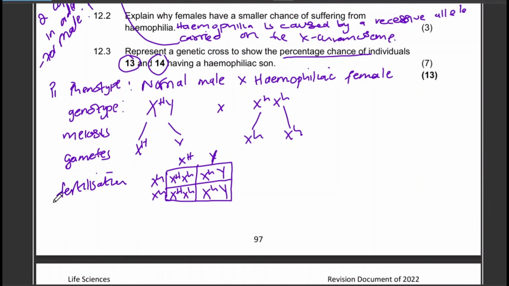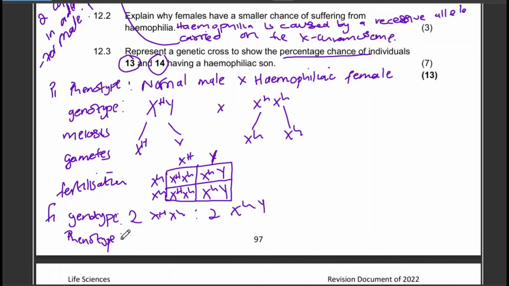Then we get our F1 genotype: 2 of X capital letter H, X small letter h, and 2 of X small letter h, Y. We're not done anyways. Let's do our phenotype.